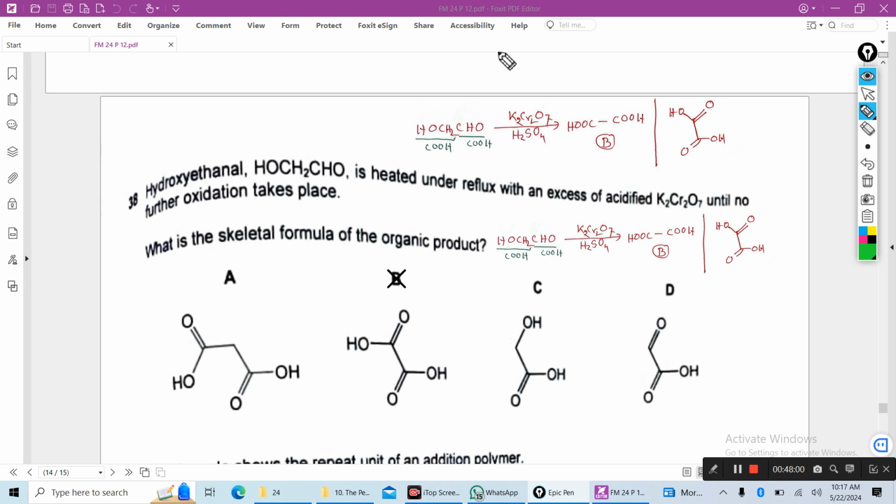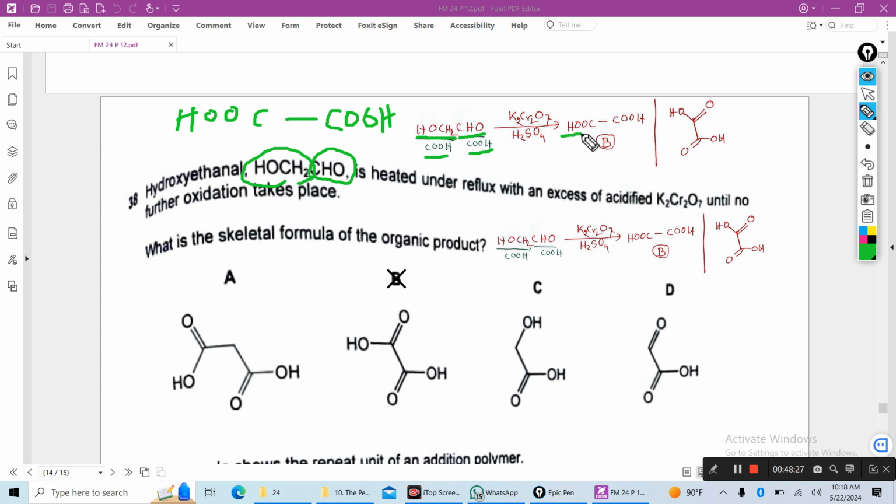This aldehyde group is oxidized to produce a carboxylic acid, carboxyl group, and the CH2OH primary alcohol is also oxidized to produce a carboxyl group. So COOH, ethanedioic acid. Here CHO converts to carboxyl group, and primary alcohol converts to carboxyl group.